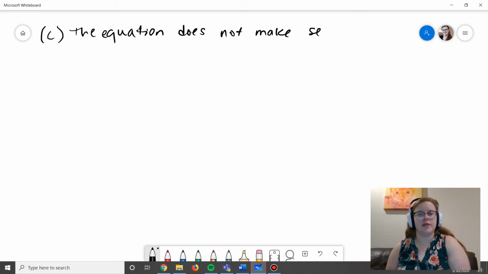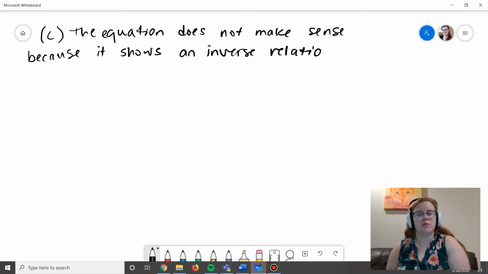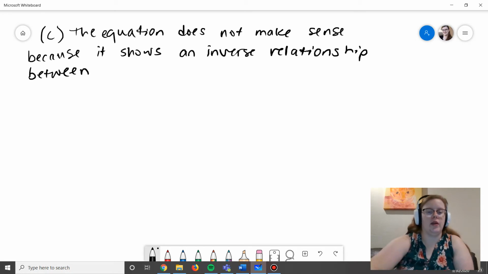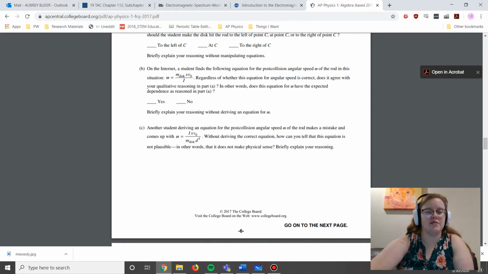Equation does not make sense. It shows an inverse relationship between, if we go and look at the equation over here, we see that the mass of the disk is in the denominator and omega is, of course, our dependent variable.